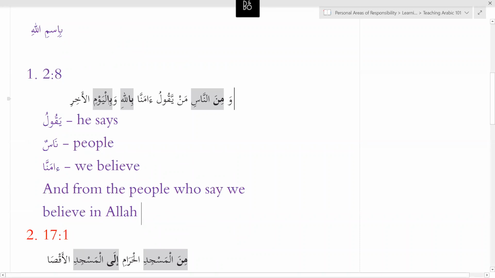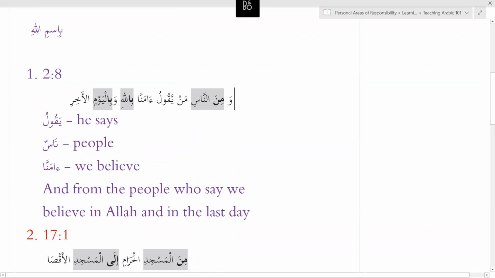Wabil yawmil akhiri. Yawm is day. Akhir is last. Wa is and. Wabil yawmil akhiri. And in the day. And in the what day? Last day. And in the last day.